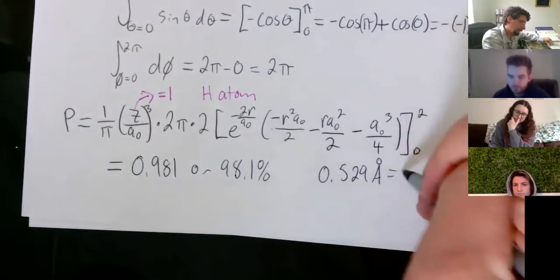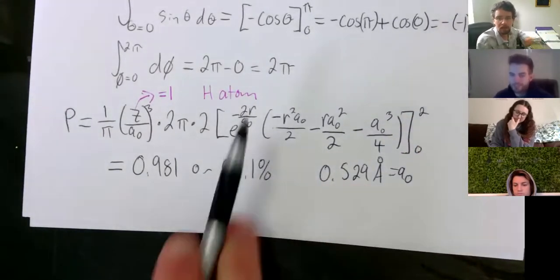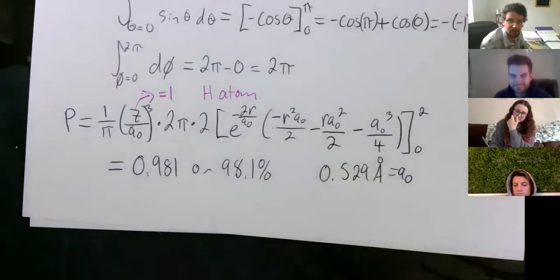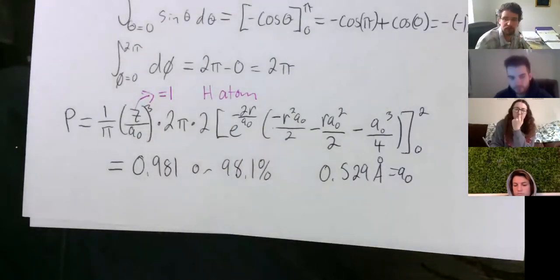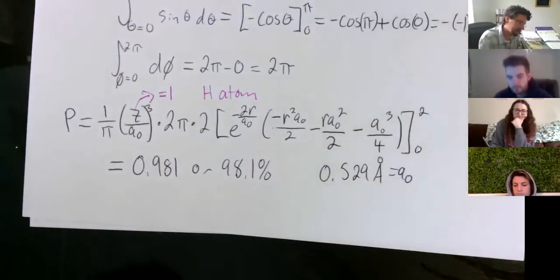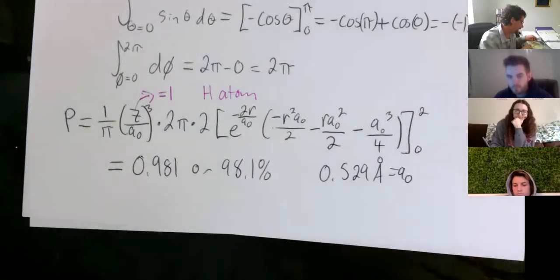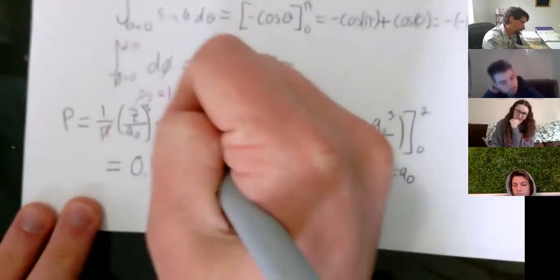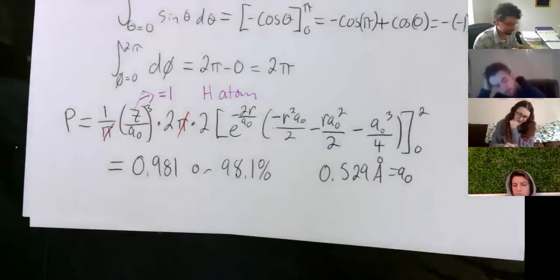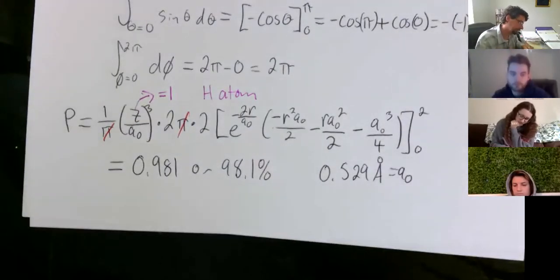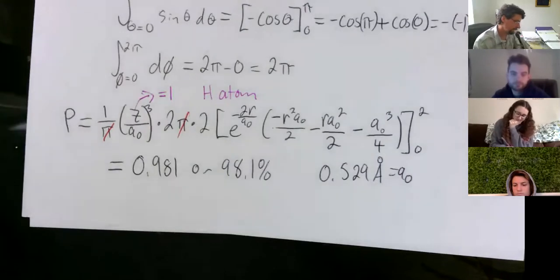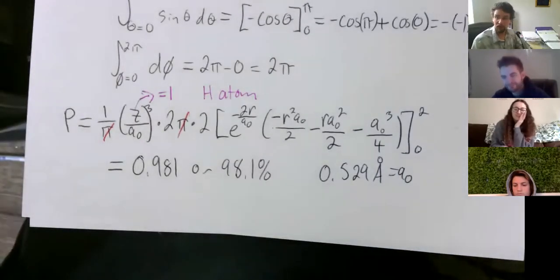Yep. But all these things are just constant, so it makes it kind of nice. All this junk is just constant, so things cancel out. We could simplify this further too. We could have ditched that pi, gotten rid of that too. Okay, any questions about that?